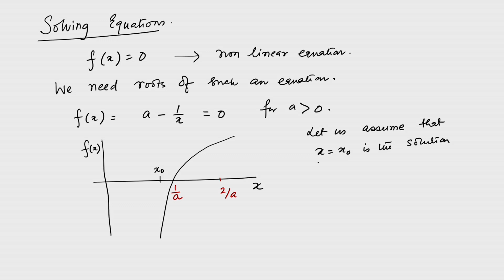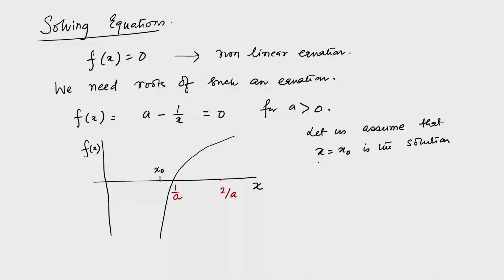I just guessed it, okay? Nobody told me, it could be a wild guess. I could have guessed it somewhere far away on the x axis, but there are problems with that, which we are going to see in a while. But say we have guessed it approximately correct, not too far away from 1 over a, and this x 0 lies somewhere in the vicinity of that.